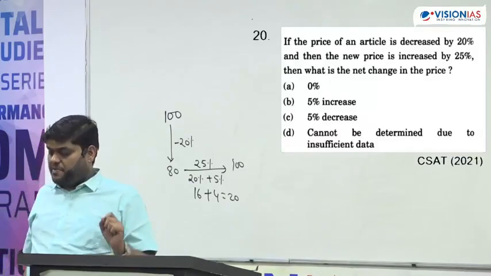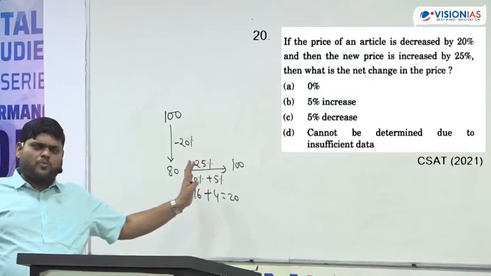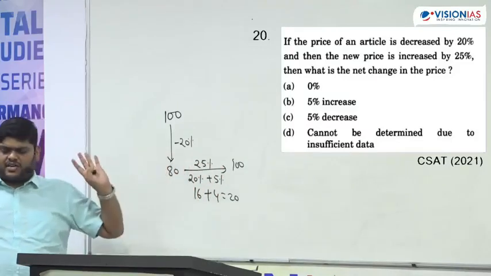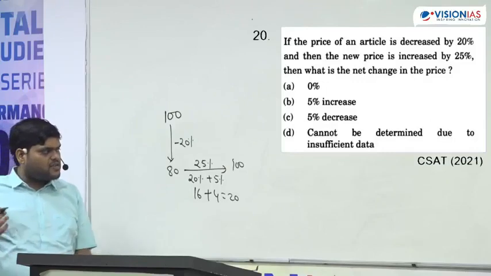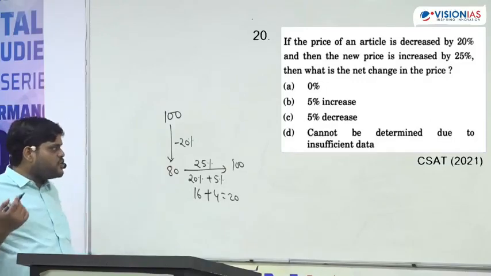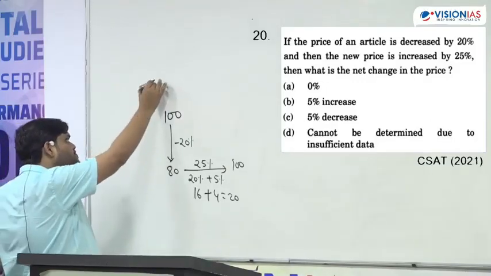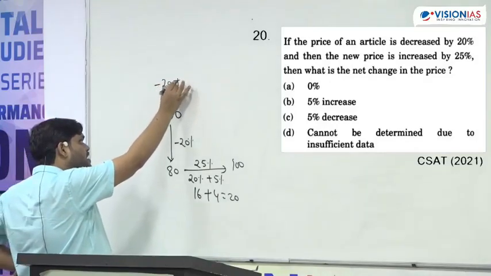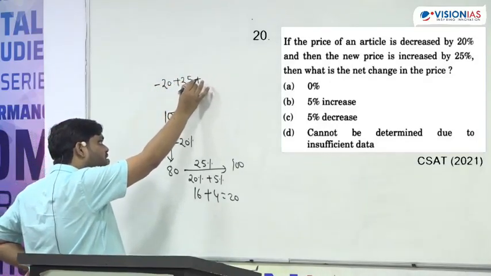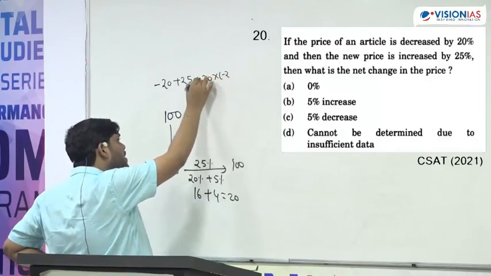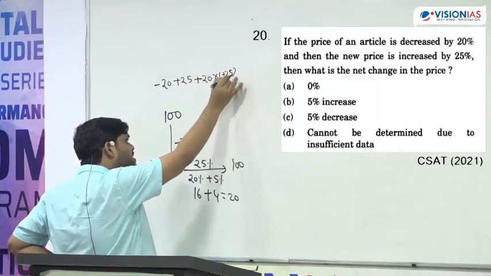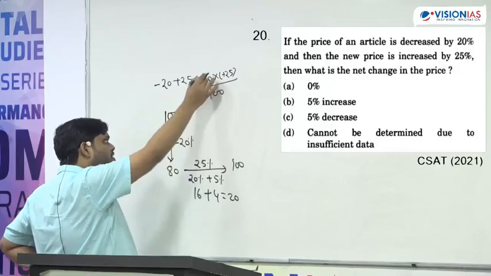So the answer will be A. We have done so many questions on successive increment or decrement on the same logic. You can apply the AB formula also: minus 20 plus 25 plus minus 20 into 25 upon 100.